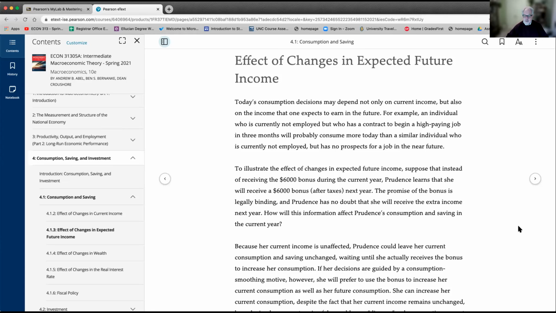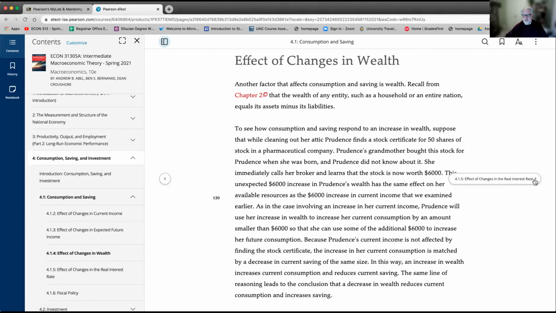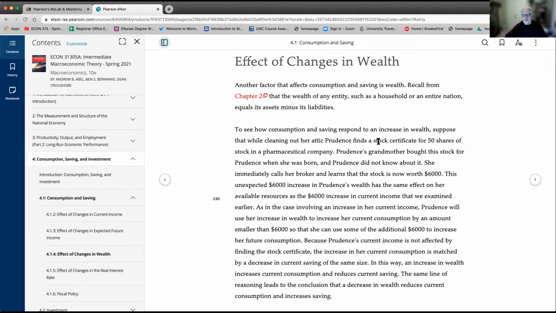So current consumption may increase, but your income today hasn't increased yet, right? And so saving actually goes down. So that's another thing that you need to be thinking about.